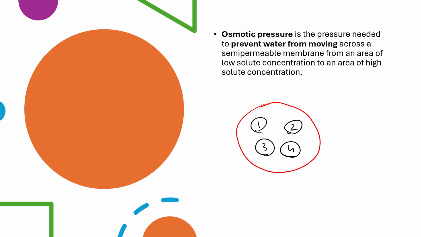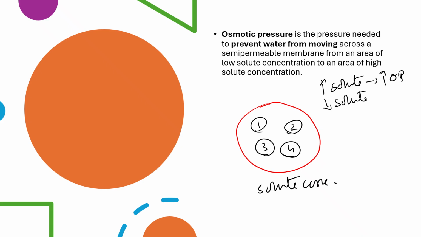It is driven by solute concentration. So the higher the solute concentration, the higher will be the osmotic pressure, and the lower the solute concentration, the lower will be the osmotic pressure.